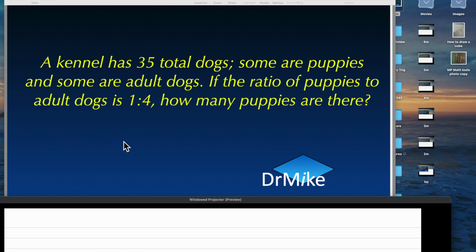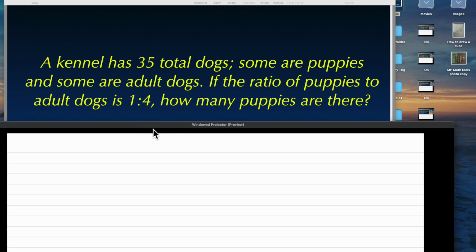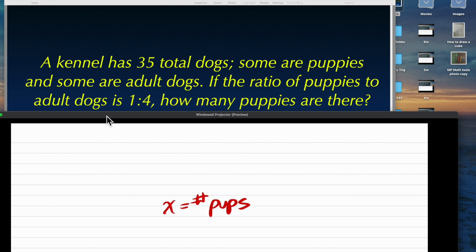Next, we are told that a kennel has 35 total dogs, some of which are puppies and some of which are adults. If the ratio of puppies to adults is 1 to 4, how many puppies are there? Okay, first thing, how many? Whatever follows is our x. So x is going to equal the number of puppies. Okay, we're going to take the information they give us. There's 35 total.